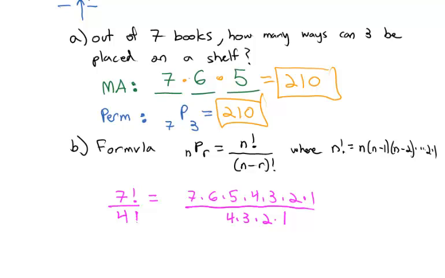That's 4 factorial. And that denominator, if I can continue working backwards, comes from taking 7 minus the 3 things we're choosing, factorial. So you can kind of see where that formula comes from: the multiplication axiom, and then dividing out the books that we aren't using in this case.